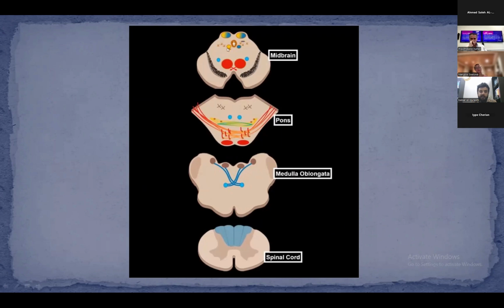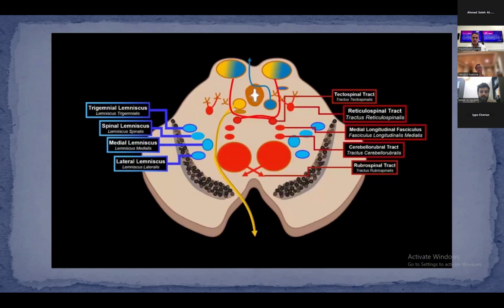And here at the level of the midbrain, we can see on either side of the red nucleus, the medial lemniscus carrying the sensory information above. Just lateral to the medial lemniscus are the fibers of the lateral lemniscus, which are carrying pressure and thermal sensations to the higher levels.